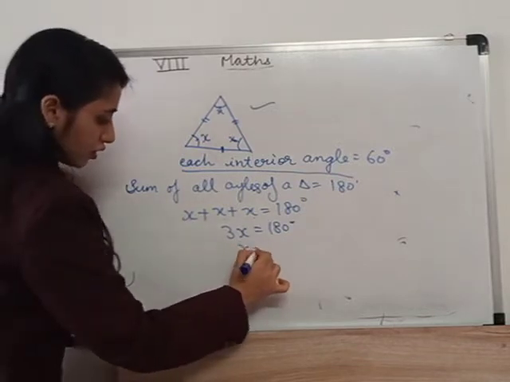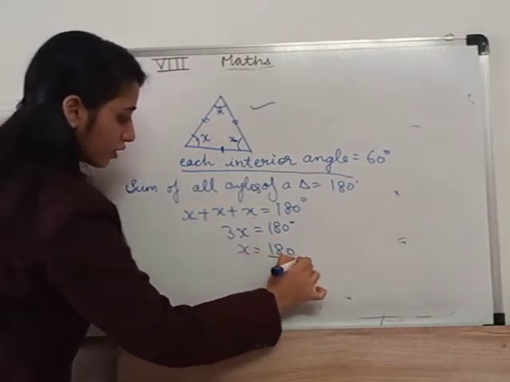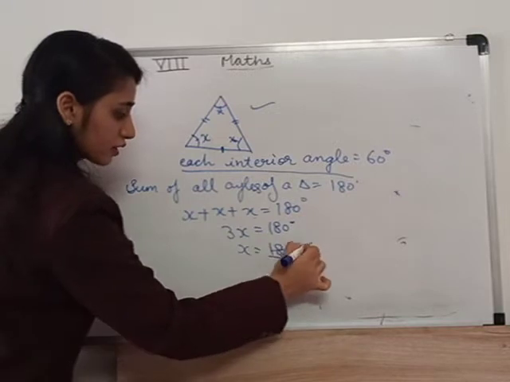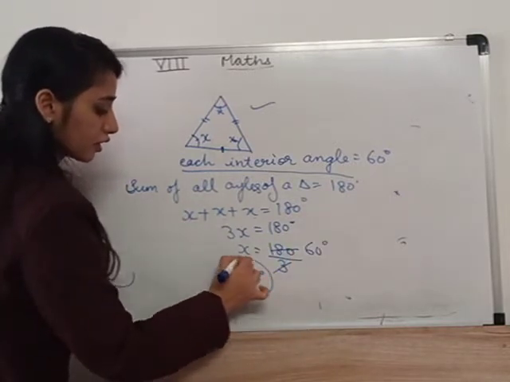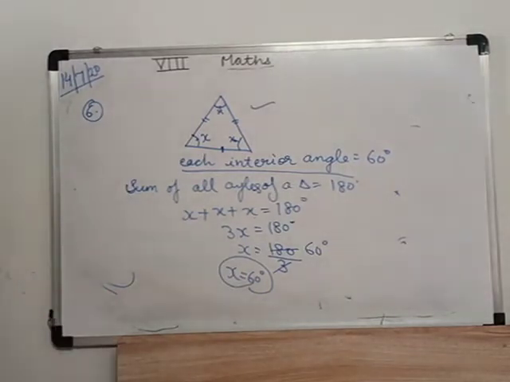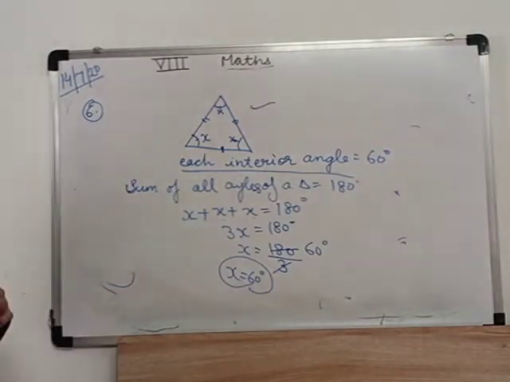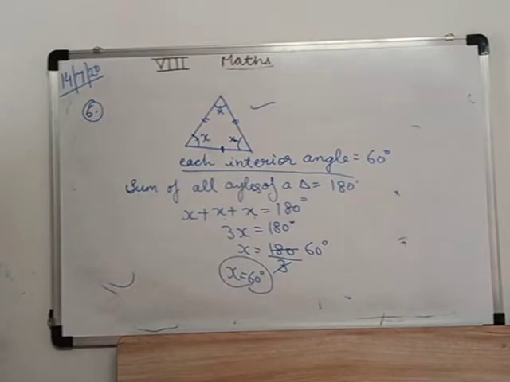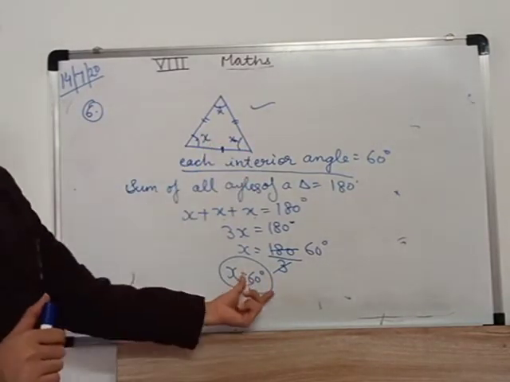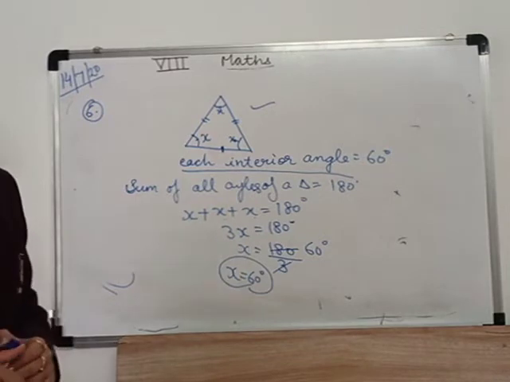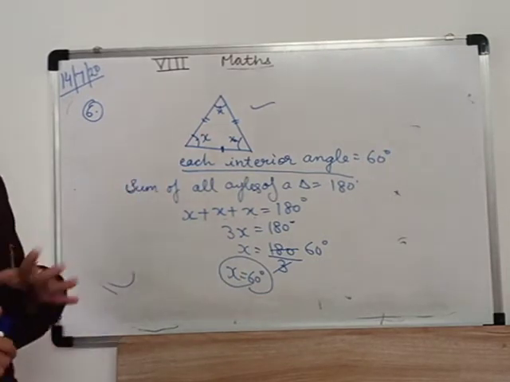Now 180 divided by 3, 3 sixes are 18. The value of x is equal to 60 degrees. Means the measure of each interior angle is 60 degrees. So the minimum interior angle possible for a regular polygon is 60 degrees. Understood? Like this way you can solve it, or you can write it directly.